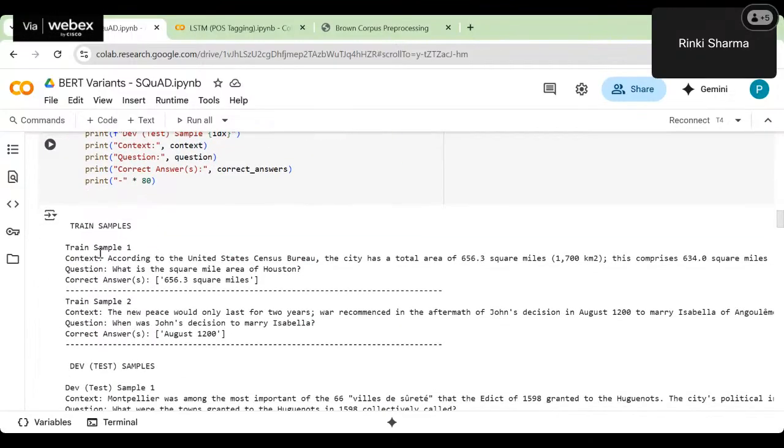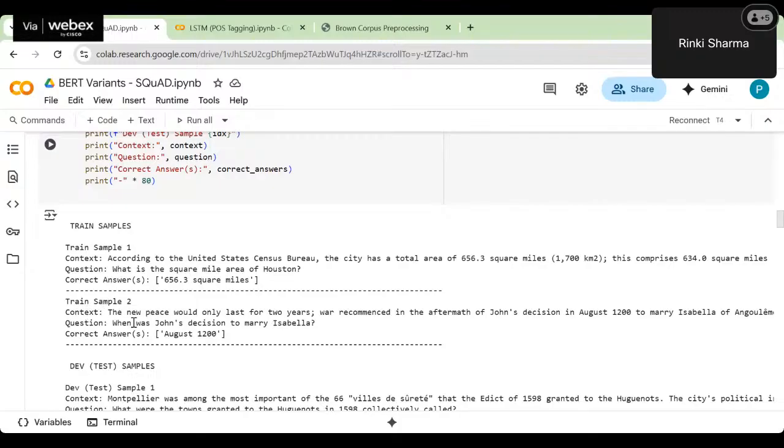So this is our first training sample. This is the context: according to the United States Census Bureau, the city has a total area of 656 square miles. Based on this given context, what is the square mile area of person? So this is the question, and the question is answerable from the data set, and the correct answer in the data set for this question is given as 565 square miles.